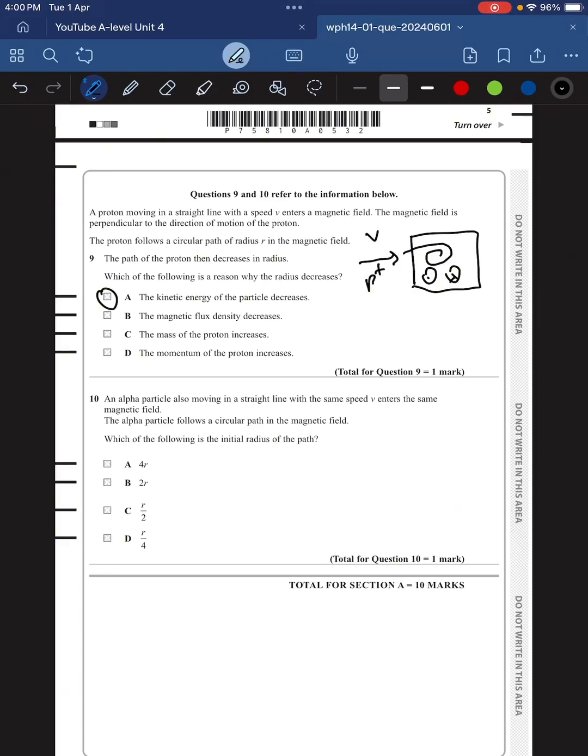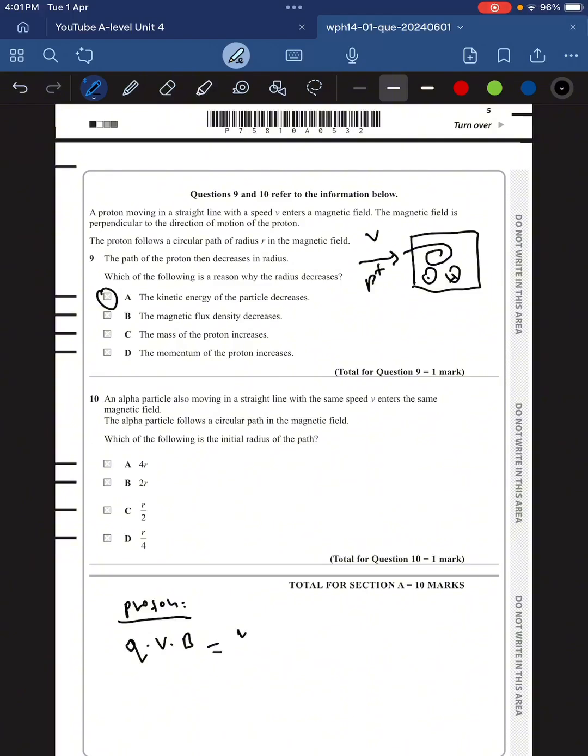Now, question 10. An alpha particle also moving in a straight line with the same speed v enters the same magnetic field. The alpha particle follows a circular path in the magnetic field. Which of the following is the initial radius of the path? For this one, we have to do some math. So for the proton, let's find the radius. We have q times v times B being the force that the proton experiences when it enters this magnetic field, right?